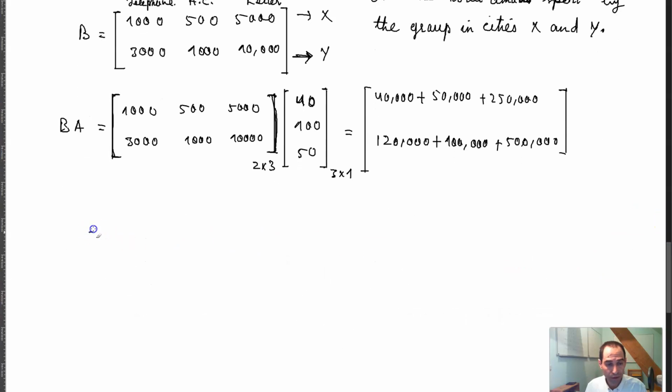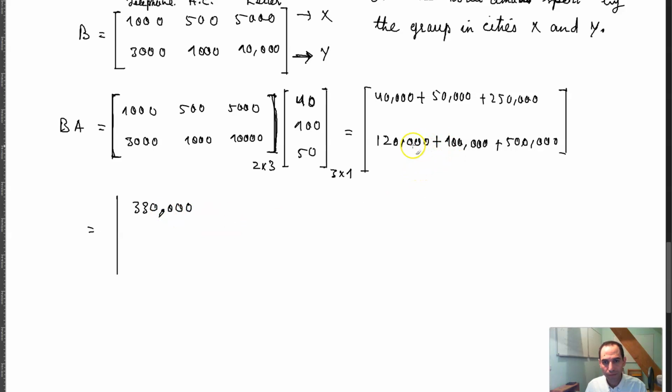And this matrix is the same thing as 40,000 plus 50,000 is 90,000, and 90,000 plus 250,000 is 340,000.